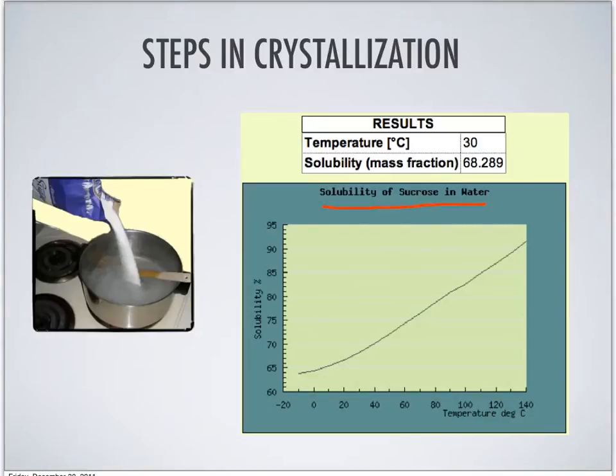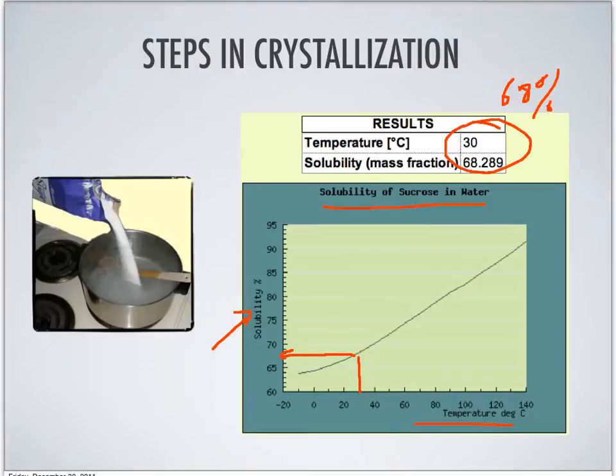We plot the percent solubility of sucrose as a function of temperature. For example, at 30 degrees Celsius around here, we can read the value of solubility for sucrose, which is around 68, just make it round, 68%.